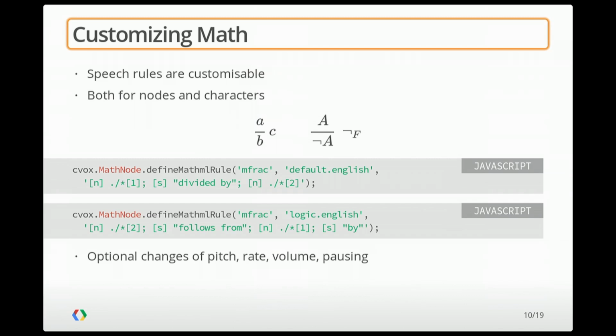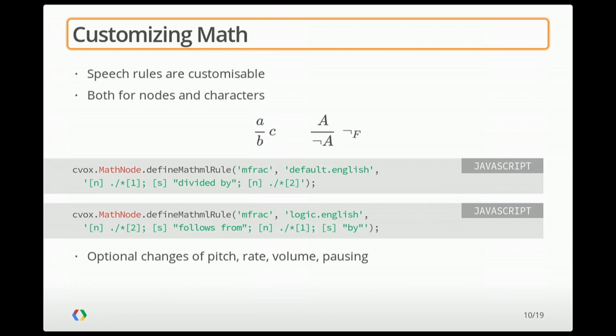As a consequence, we build everything in ChromeVox in a very customizable fashion, which means that one can contribute to the way mathematics is spoken. Say, if you want to work on your favorite mathematical topic and you want ChromeVox to be able to speak all these things correctly, then you can contribute speaking rules for the speech engine, or for the ChromeVox engine, as well as mappings for separate characters.